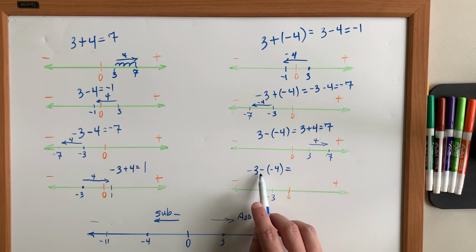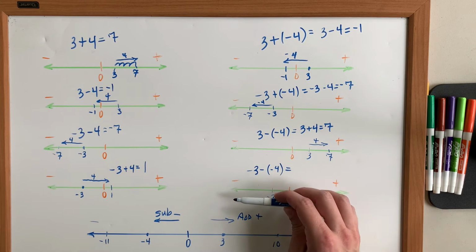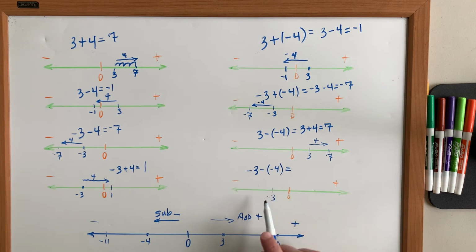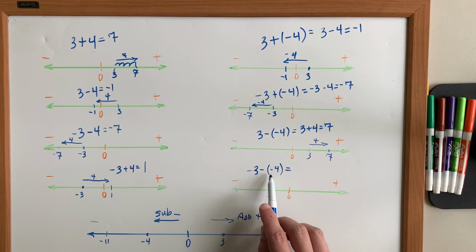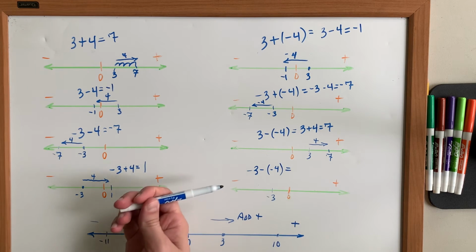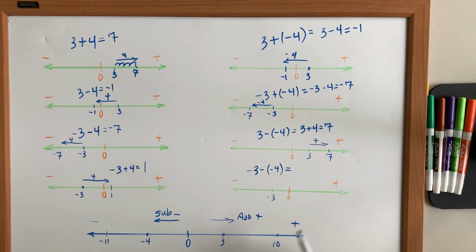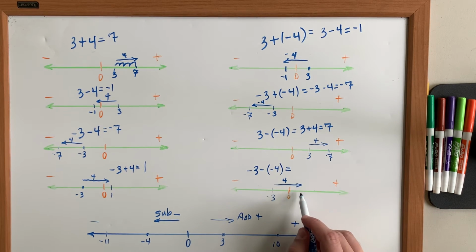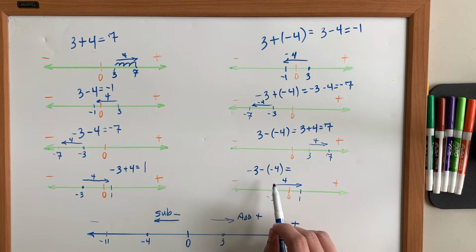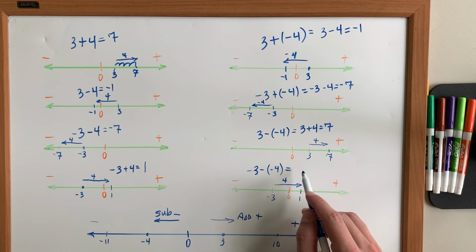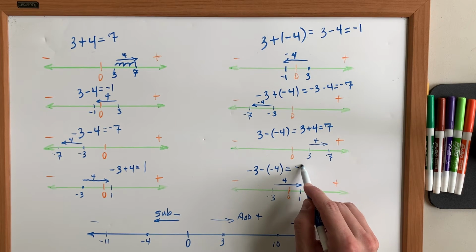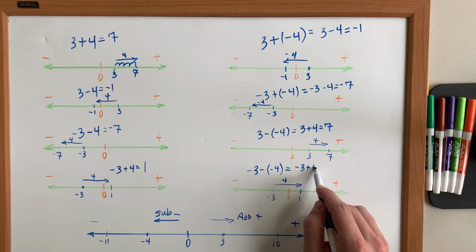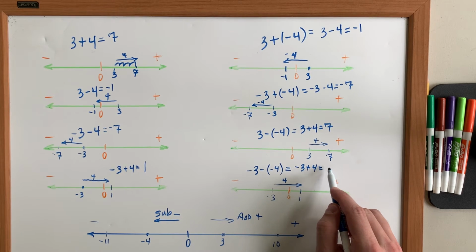And then take away means to go this direction, and we would go that direction 4 units, except this has an opposite. That's going to change the direction, and we're going to go this way 4 units. Okay, and so we will end up back here at +1. -3, take away the opposite of 4, is really -3 plus 4, which is 1.